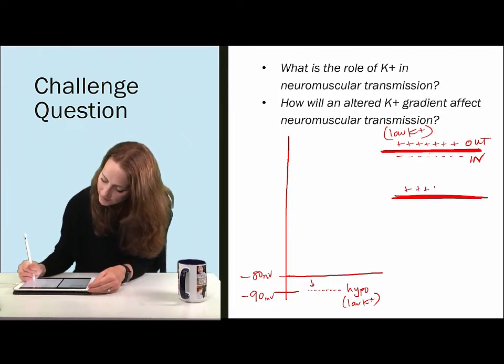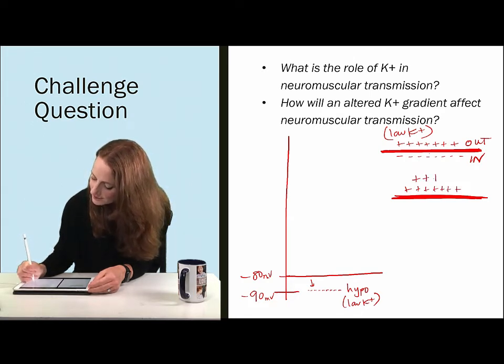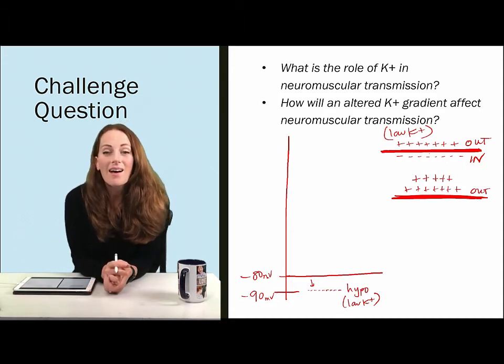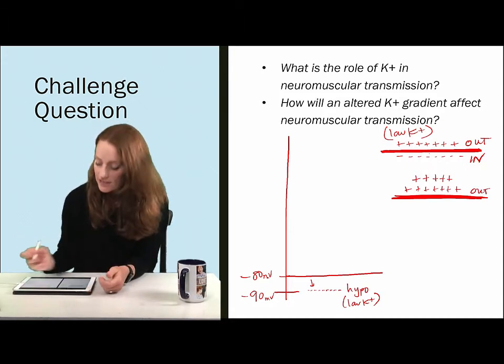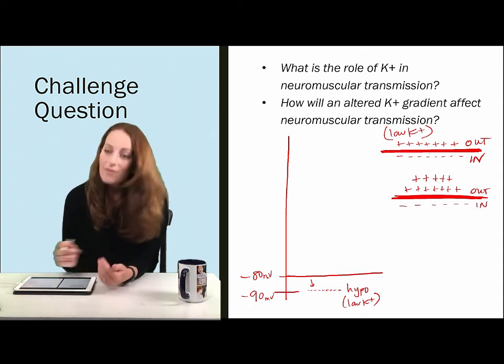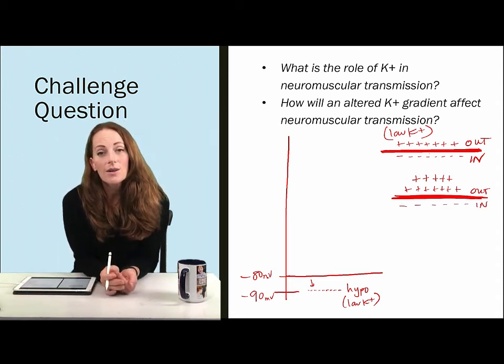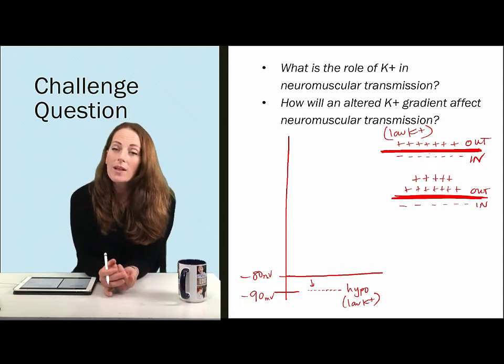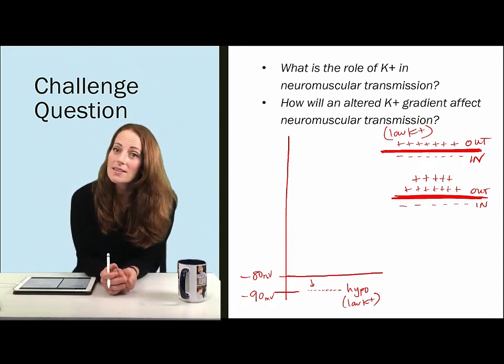What if instead you add more potassium to the outside of the cell? Well, now you have decreased your potassium gradient, effectively decreasing the pull on potassium outside of the cell.